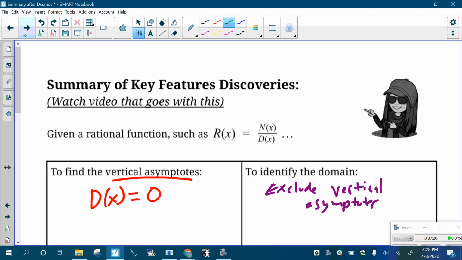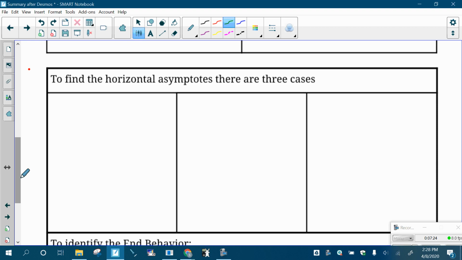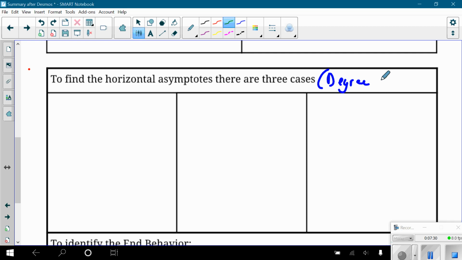So when you're determining a horizontal asymptote, you're looking at the degree of the numerator compared to the degree of the denominator. Those are the things you're comparing. Again, degree is highest exponent.